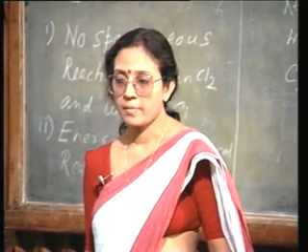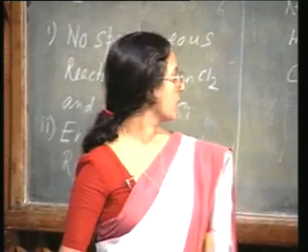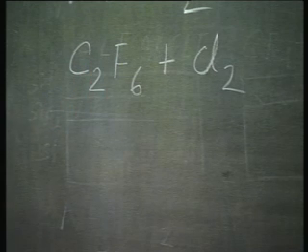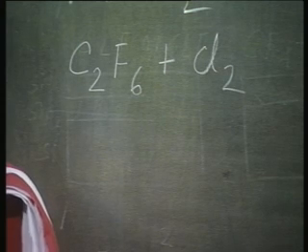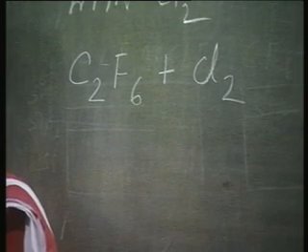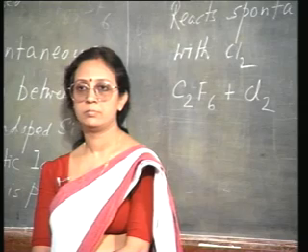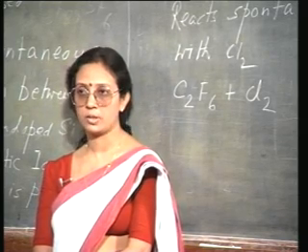Okay. And particularly this is a very interesting reaction. See, I am using C2F6 and chlorine. Okay. Now, silicon dioxide does not get etched by chlorine. Silicon dioxide does not react with chlorine.